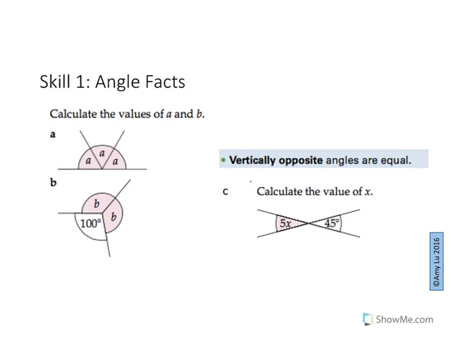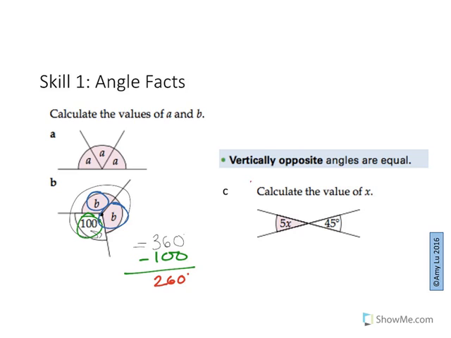In the second problem, we know that around this point, this is a full rotation, meaning this is equal to 360 degrees. Since we already know 100 of it, let's take 100 away. That leaves us with 260 degrees. Now, we notice that there's two angle B's here. They have to be the same.